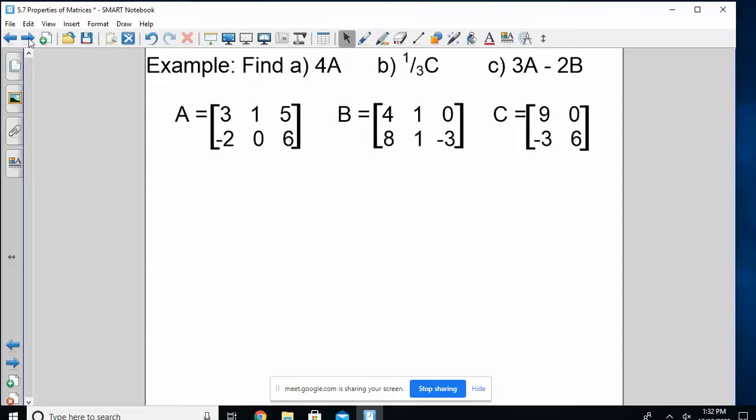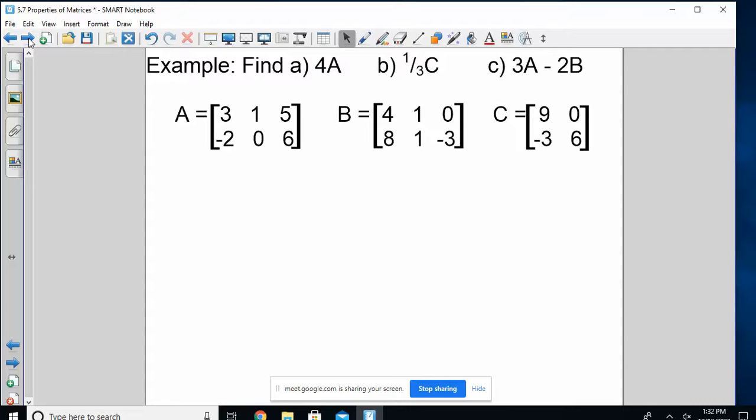So, part A, I said 4 times matrix A. So what do you think that means?